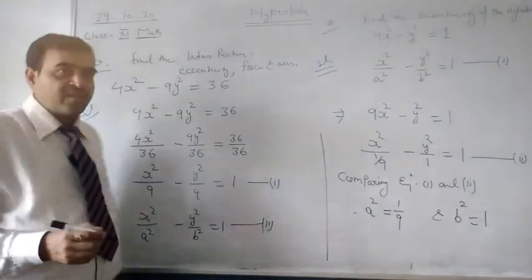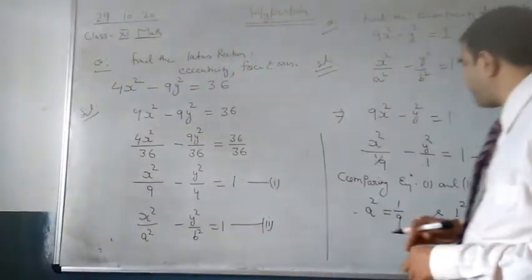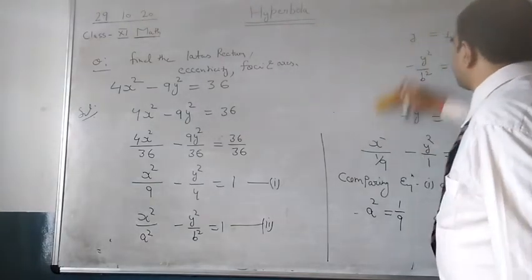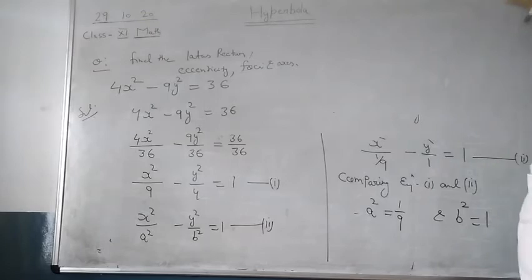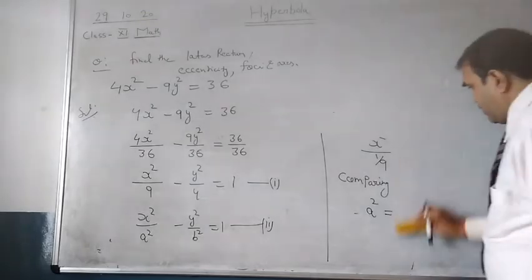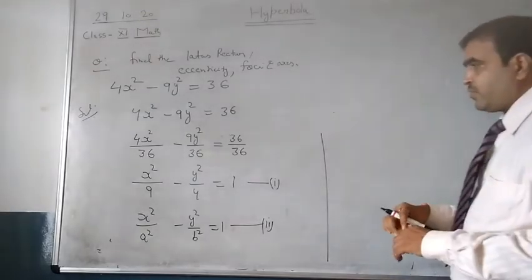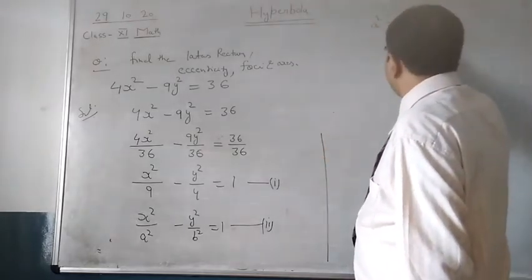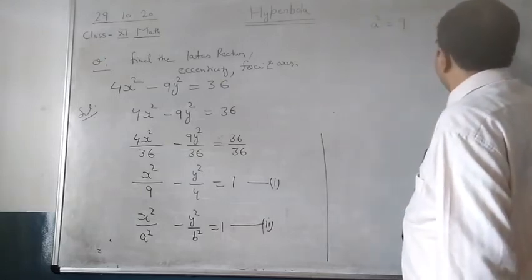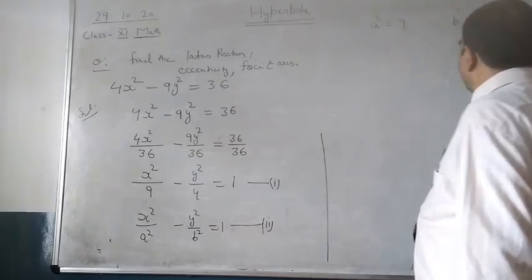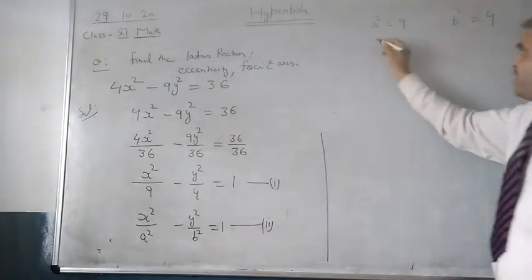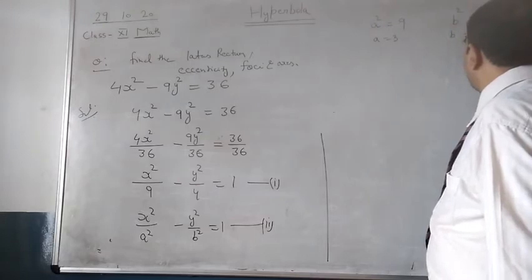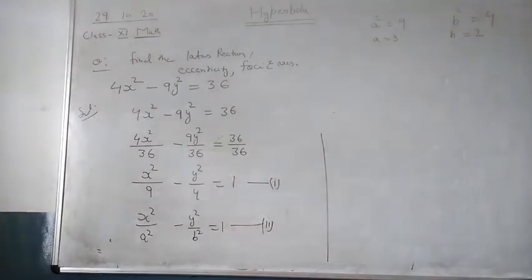Comparing equations 1 and 2, a square equals 9 and b square is equal to 4. It means a equals 3 and b is equal to 2.